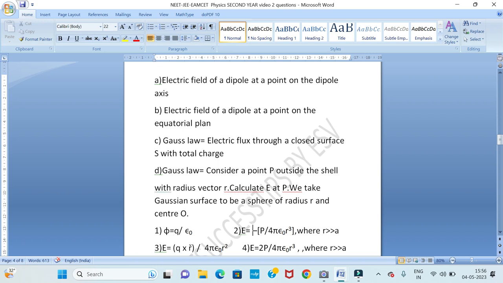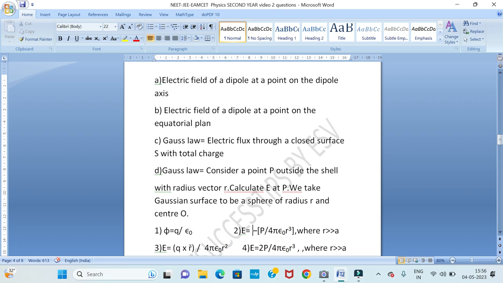Here 2p, here half p. If you go to the equatorial plane, your weight will decrease, so decrease means minus. 2p becomes p. The balance is the same, like that you can remember.